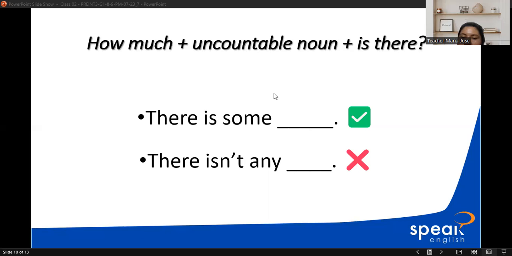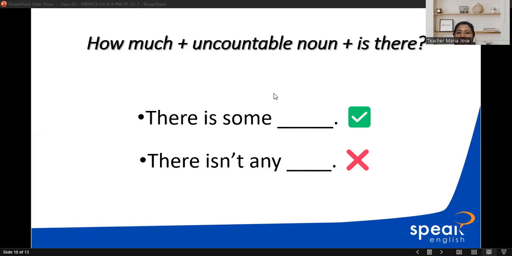David, how much mustard is there? There is some mustache. Mustache? No, mustard with RD at the end. Mustard. Excellent. Okay, let's continue.